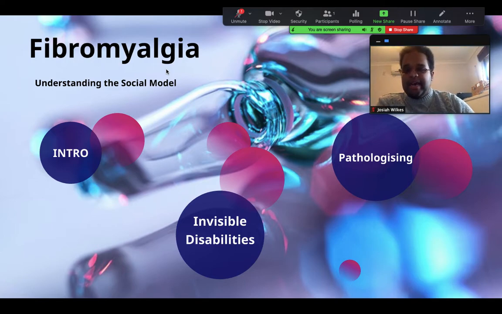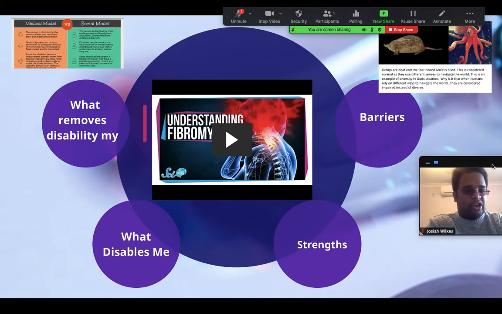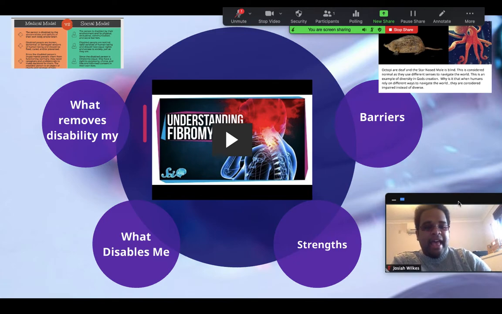So we're going to start by doing a bit of an overview of fibromyalgia, because I'm assuming a lot of people haven't heard of it. And one of the processes we do when we have a student with a disability is we understand first what the disability is, or what the impairment is, and we look at the barriers that that impairment has, but we also look at the strengths that come with that disability.